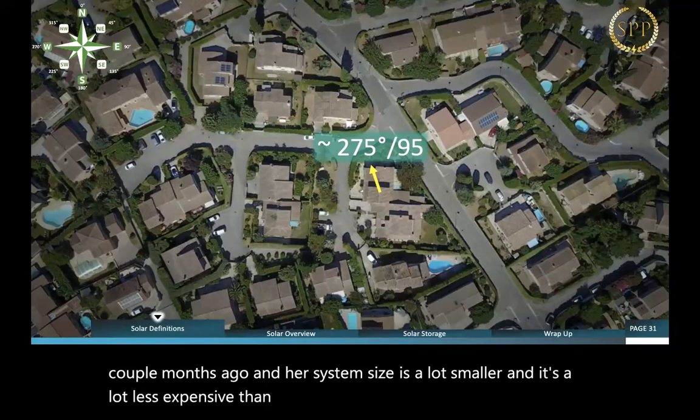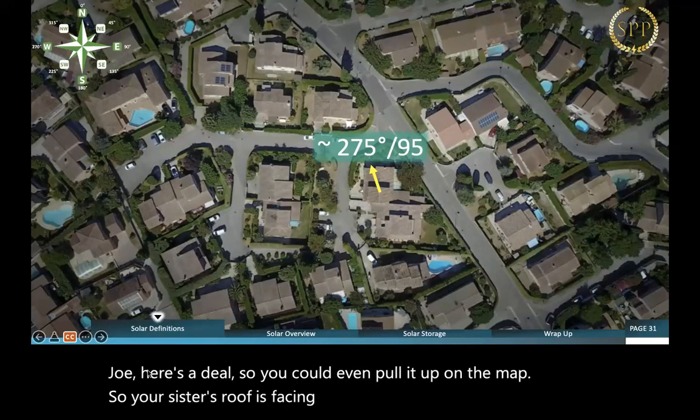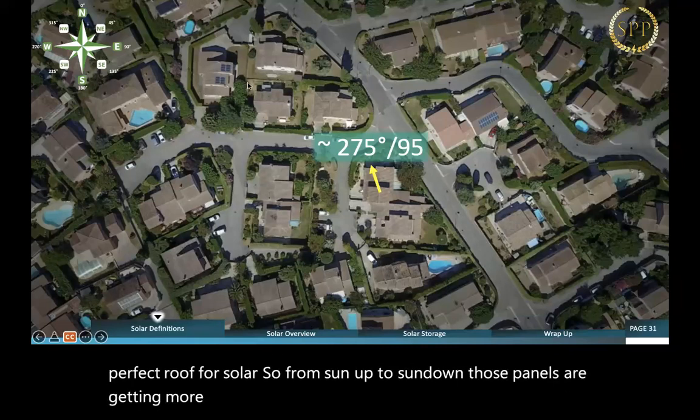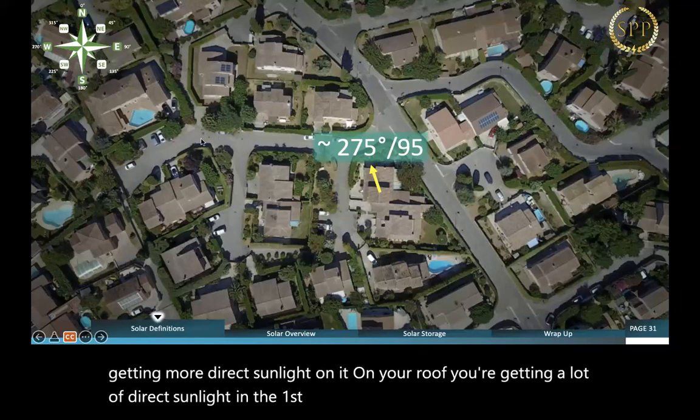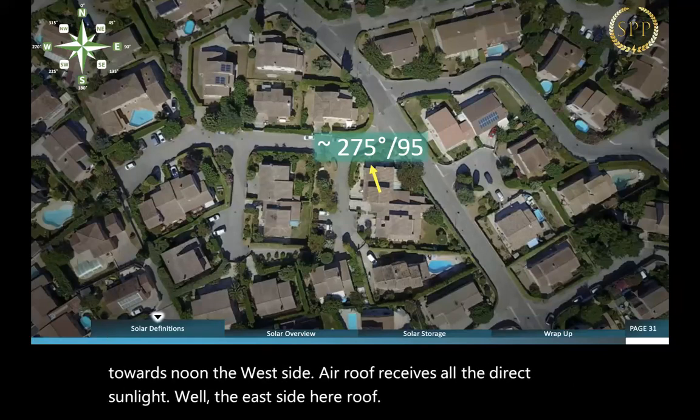Why is that? Well, Joe, here's the deal. So you can even pull it up on the map. Your sister's roof is facing more south. She's got almost a perfect roof for solar. So from sun up to sundown, those panels are getting more direct sunlight on it. On your roof, you're getting a lot of direct sunlight in the first morning part of the day, but towards noon, the west side of your roof receives all the direct sunlight, while the east side of your roof has indirect sunlight.